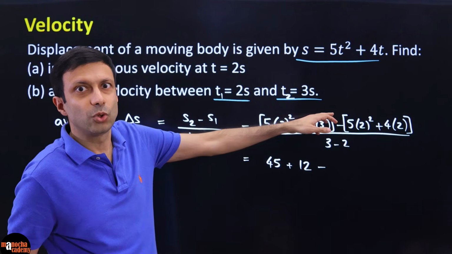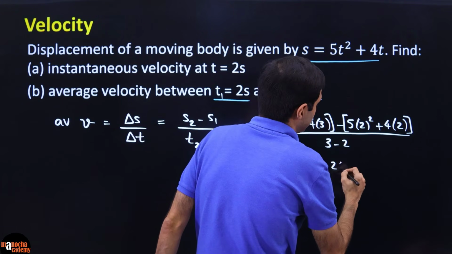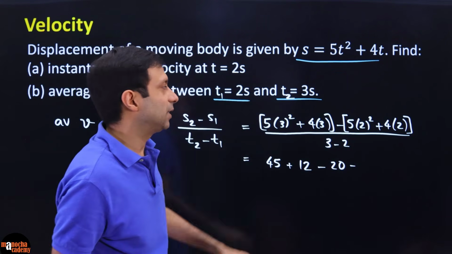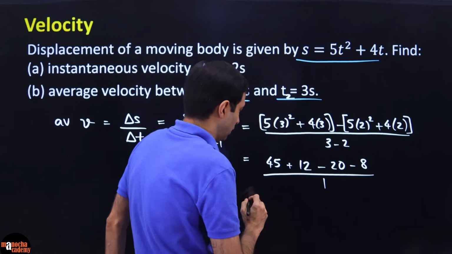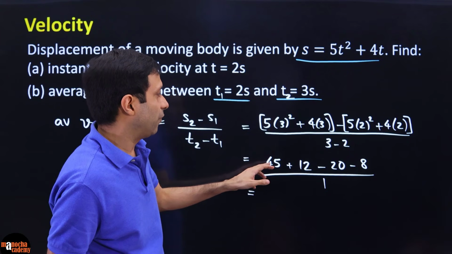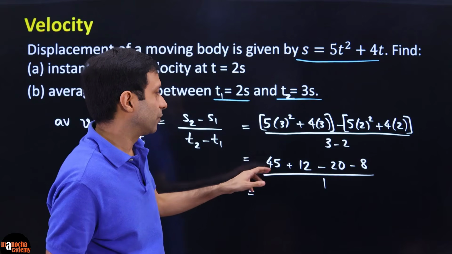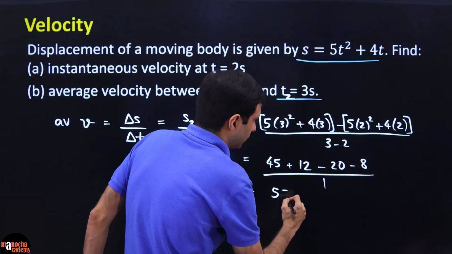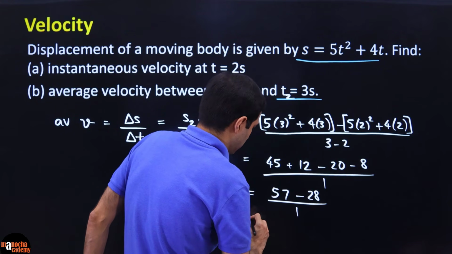So 5 times 2 square is 5 times 4. So that's going to be minus 20. And we have minus 4 times 2, which is 8 over there, divided by 3 minus 2, which is 1. So just calculate what you will get over here. We are getting 45 plus 12, which is basically 57, minus 28, divided by 1.